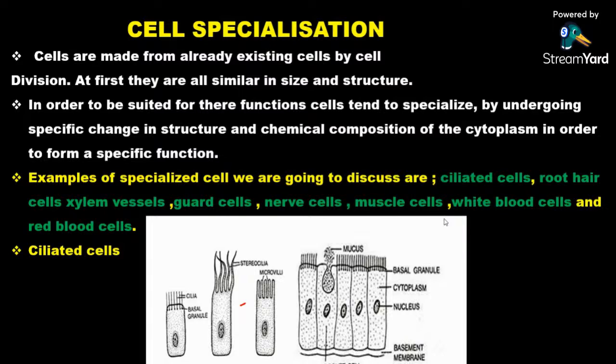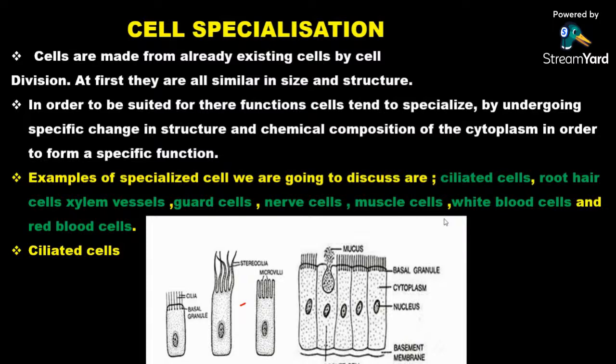Cells are made from already existing cells, by cell division.